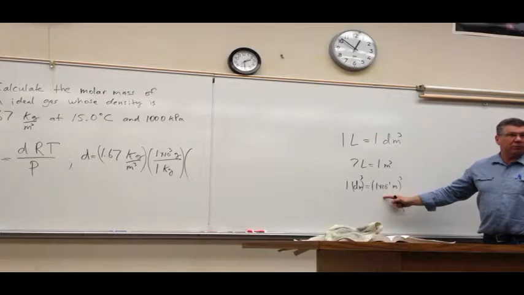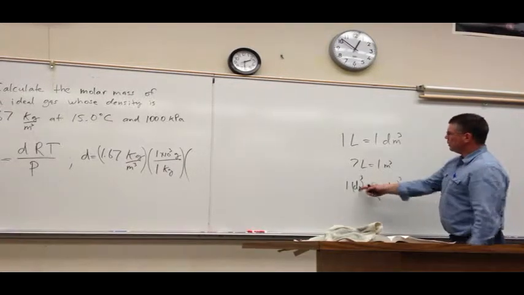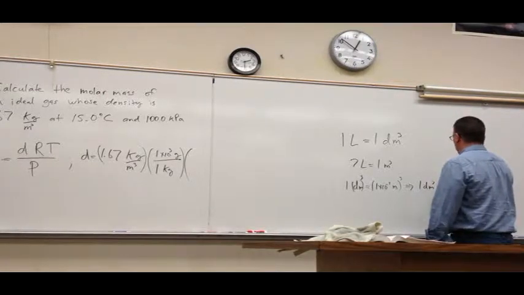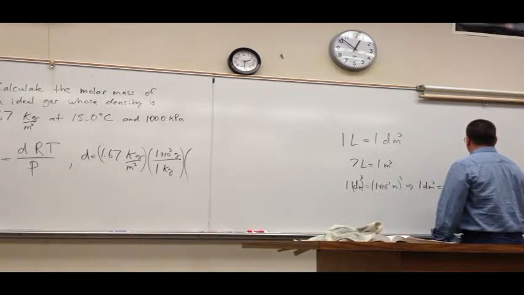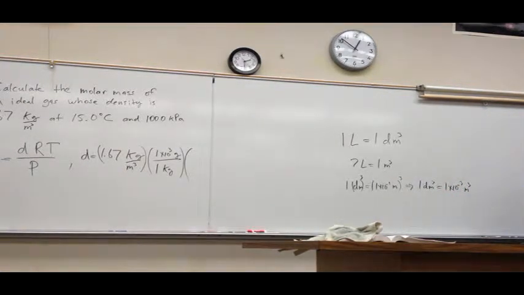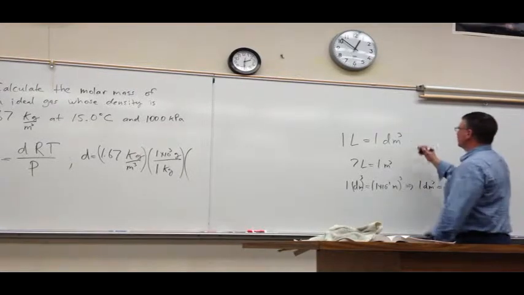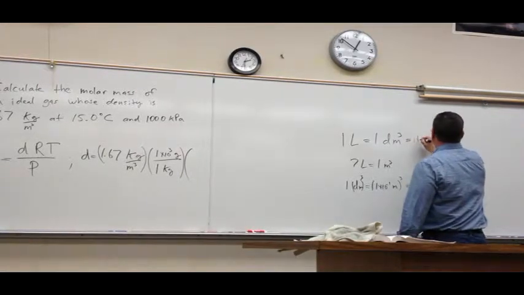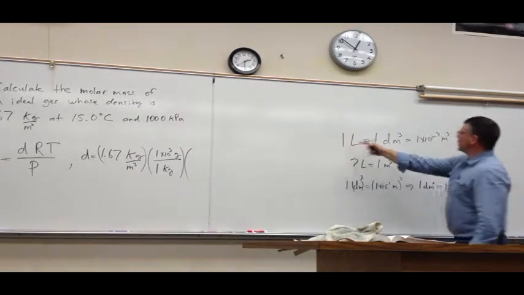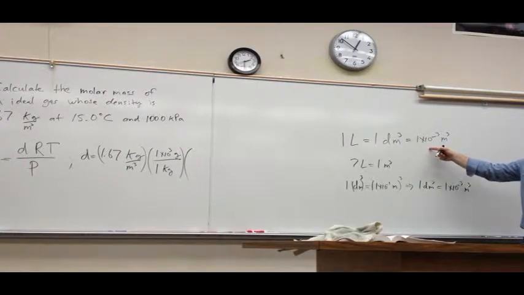That's what deci means, 1 times 10 to the minus first meters. If we cube this, one decimeter cubed is 0.001 meters cubed, right? You guys see what I'm doing? And so that means one liter is 1 times 10 to the minus 3 meters cubed, or 1,000 liters is equal to one meter cubed.